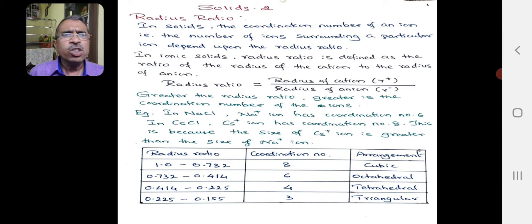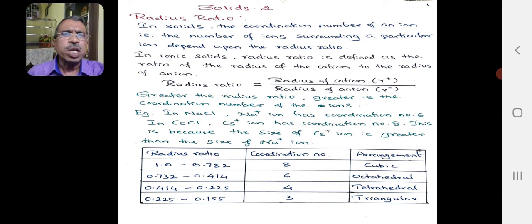If it is between 0.414 and 0.225, then the coordination number will be 4 and the solid exhibits tetrahedral geometry. Lastly, if the radius ratio is between 0.225 and 0.155, then the coordination number is 3 and the structure exhibits triangular geometry.